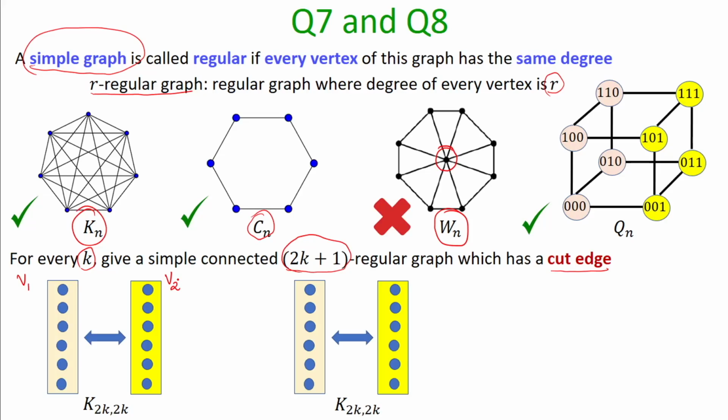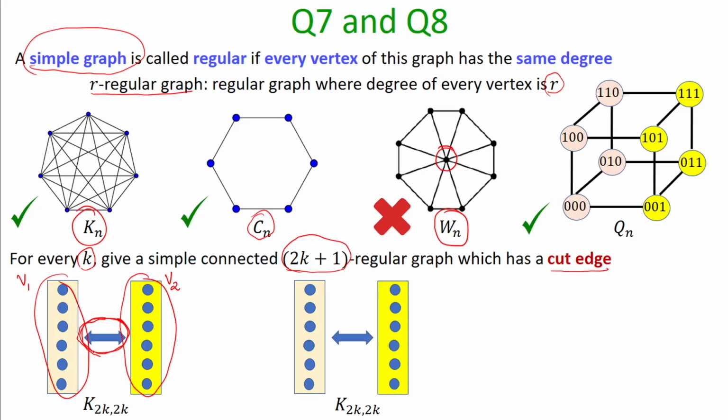So 2k nodes in V1 and 2k nodes in V2, and I have an edge between every vertex in V1 and every vertex in V2 that is denoted by this arrow symbol. The graph will look very ugly if I keep on adding edges between every vertex in V1 and every vertex in V2, so I just denote the existence of an edge between every node in V1 and every node in V2 by this implication symbol.